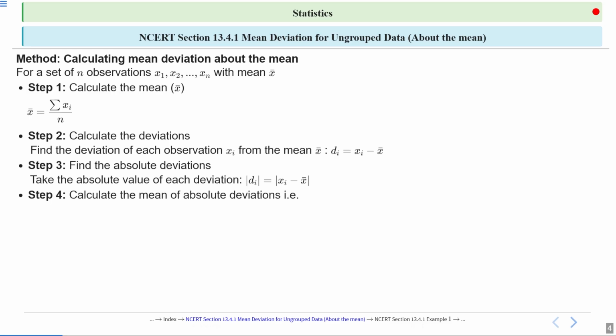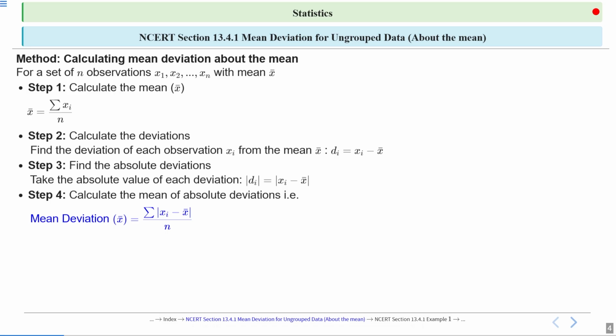Step 4 is to calculate the mean of these absolute deviations. That is, mean deviation about x bar equal to summation modulus value of xi minus x bar upon n.